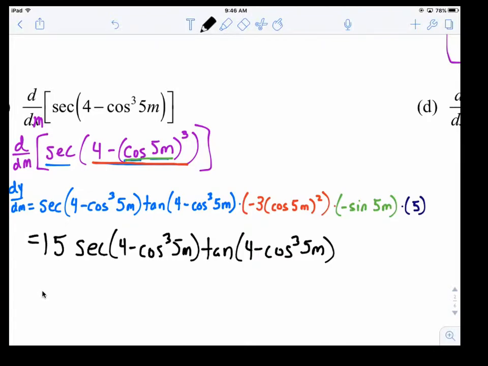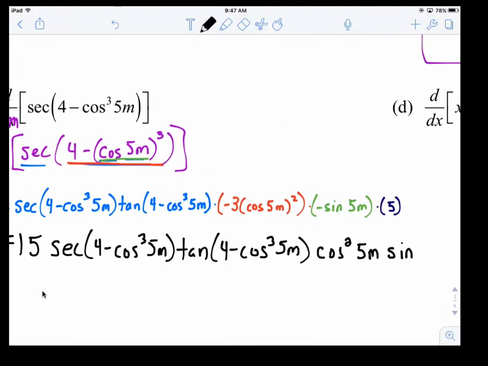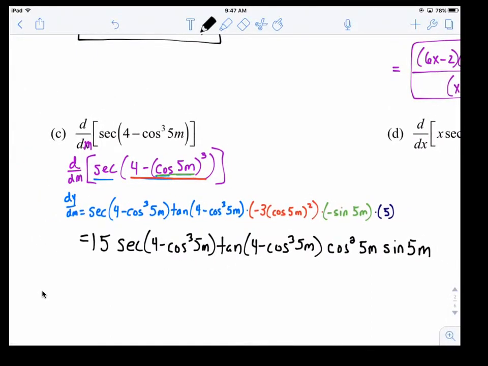We took care of that, and all we have left is cosine squared of 5m times sine of 5m. This cosine of 5m squared is the same thing as cosine squared of 5m.